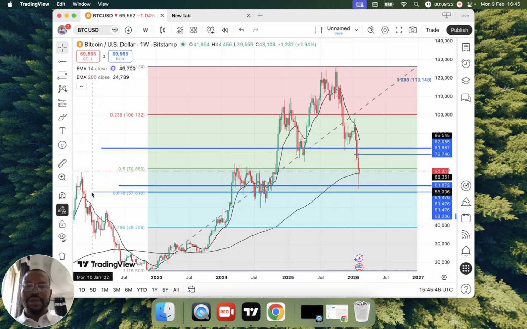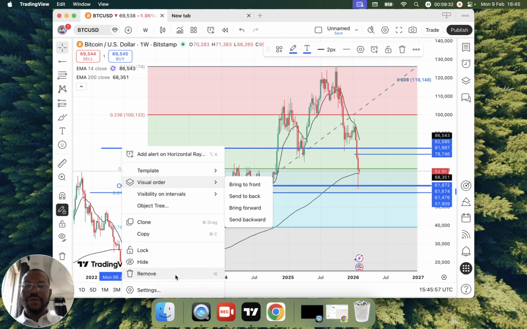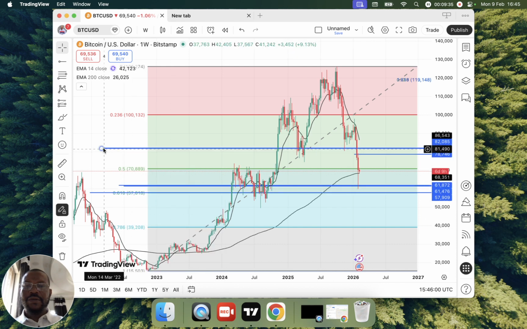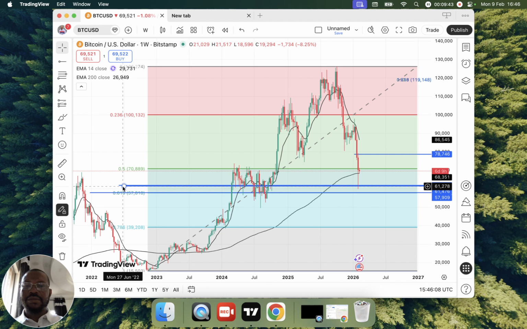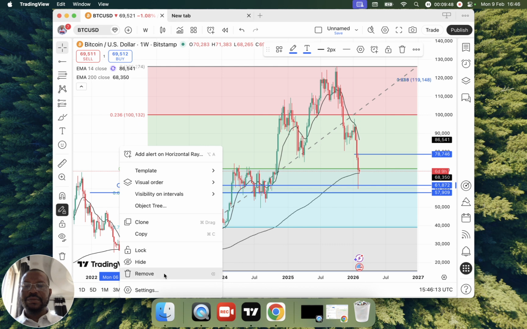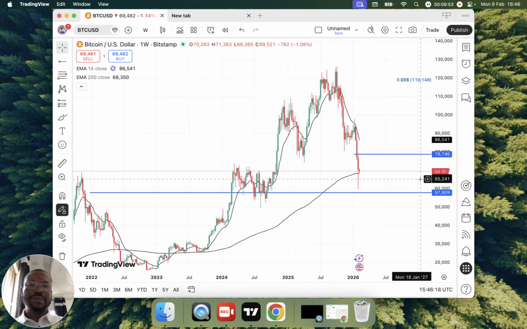This is the 61.8 area. Sorry, I know my chart is a bit messy. Please bear with me. Okay, let me now remove the Fibonacci. So this is the level I'm expecting Bitcoin to come to, 57.9.